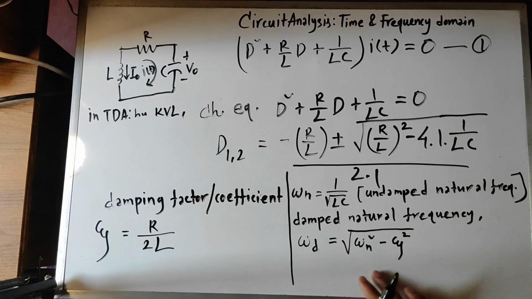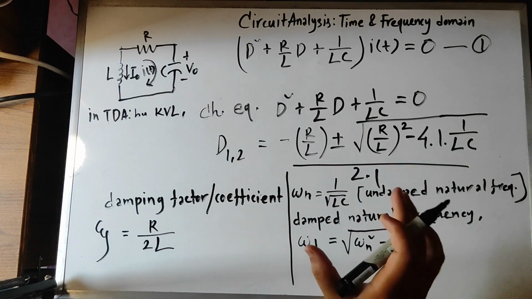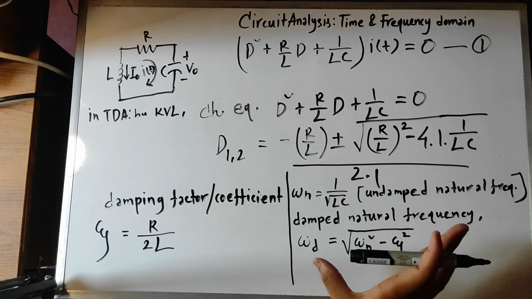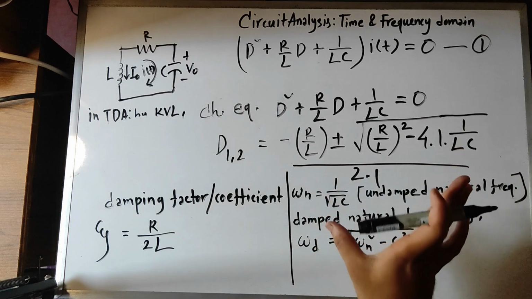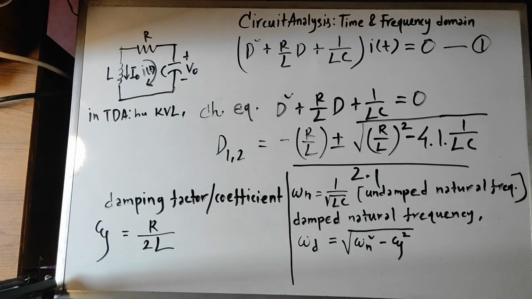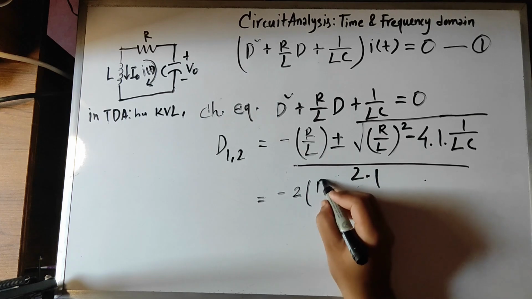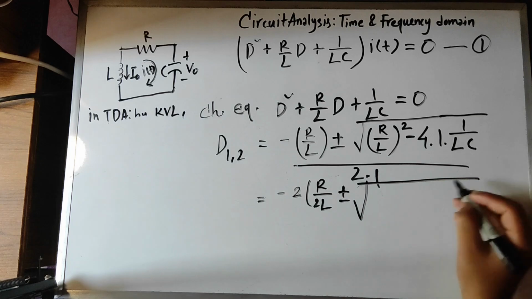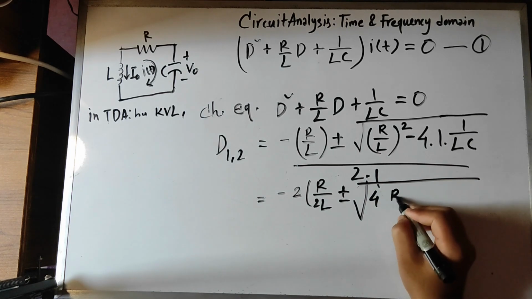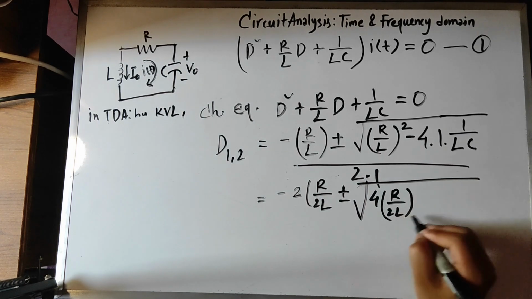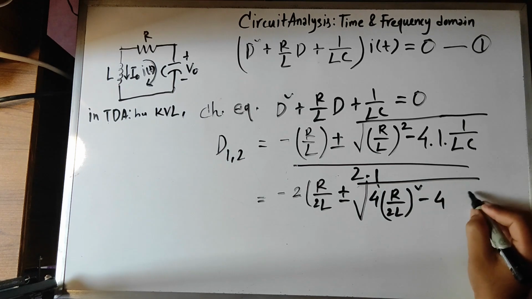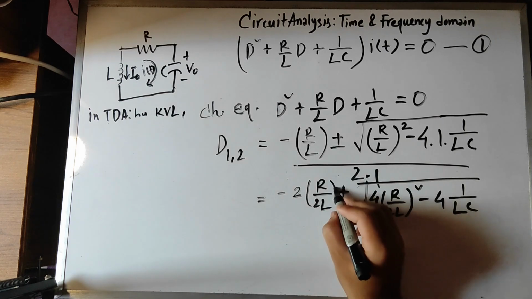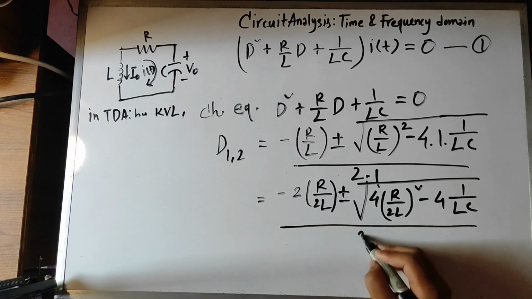Now we are going to use these terms to get a less intimidating, less complex root. So, 2r by 2l plus minus root over 4r by 2l square minus 4 1 by lc, by 2.